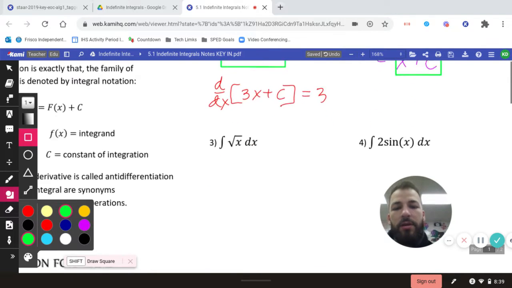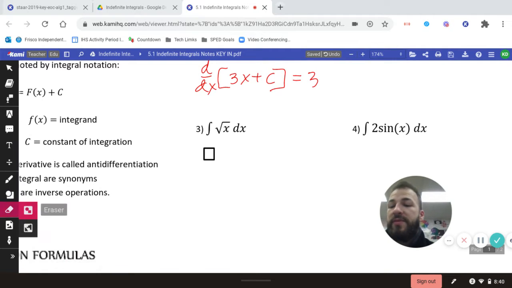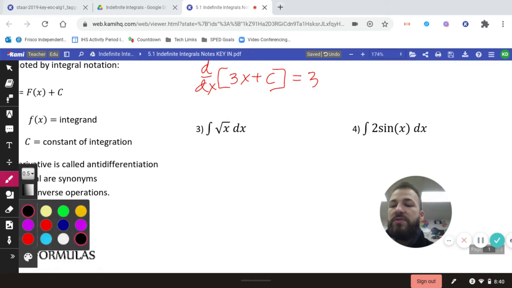And we're done. All right, the integral of the square root of x dx. So just like we do for derivatives, I can't apply my power rule of integration if it's a square root. So I can change this to the integral of x to the 1/2 dx.